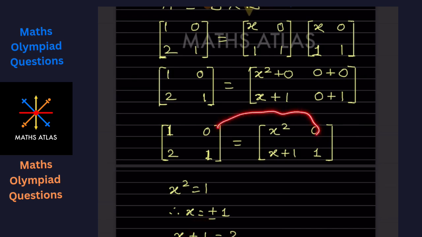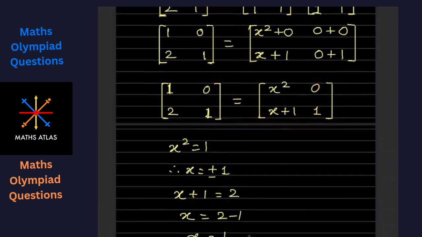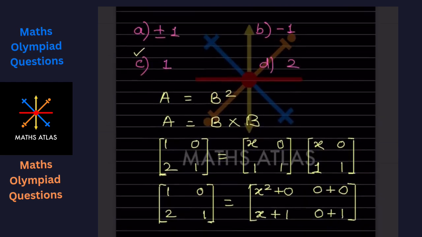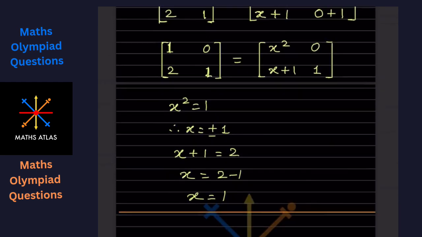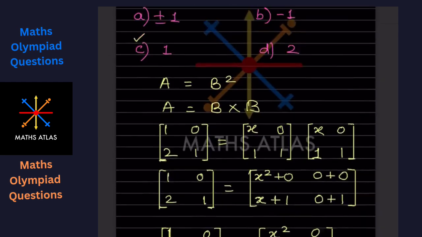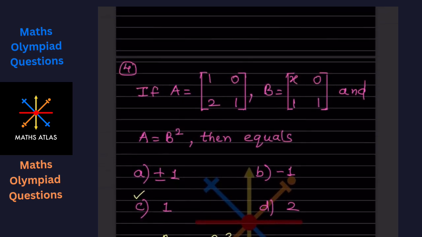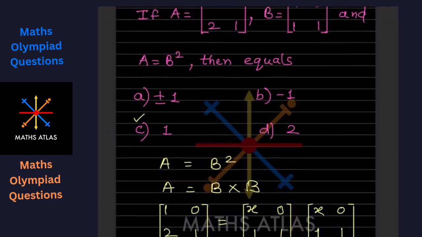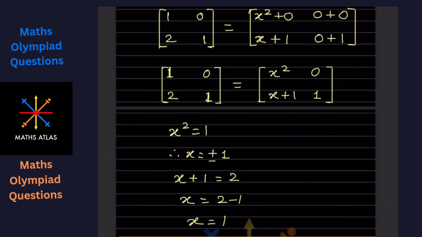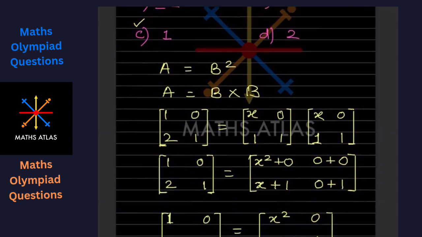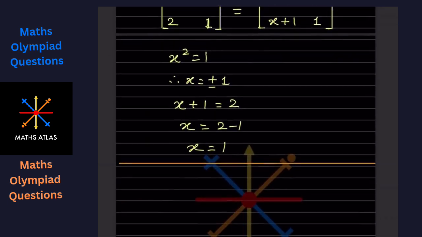This has nothing to do, so there are no variables. So we got these values. This is plus or minus 1 and this x is 1. So here they said if this is equal, so what will x be? Because here also we have 1, here also we have 1. So x is going to be 1 because we get the two values of x.